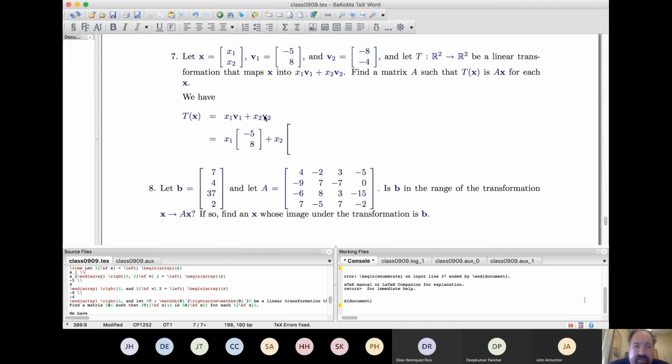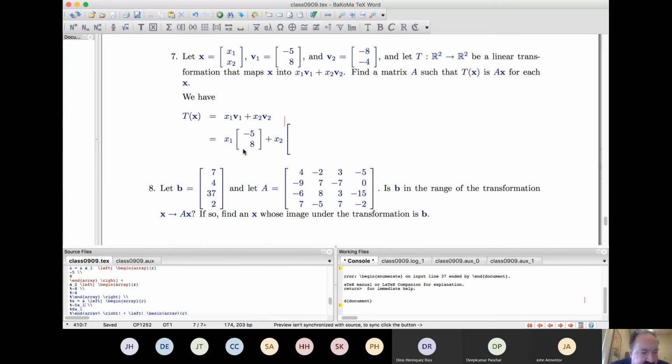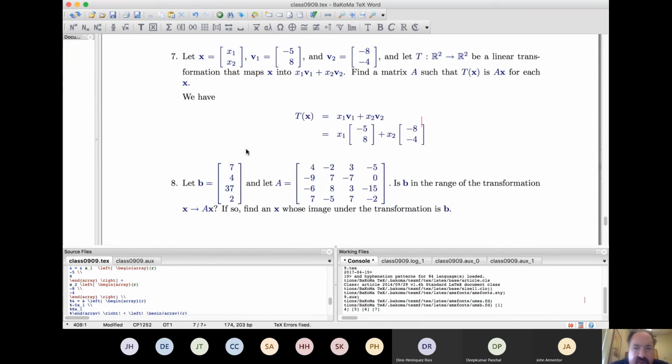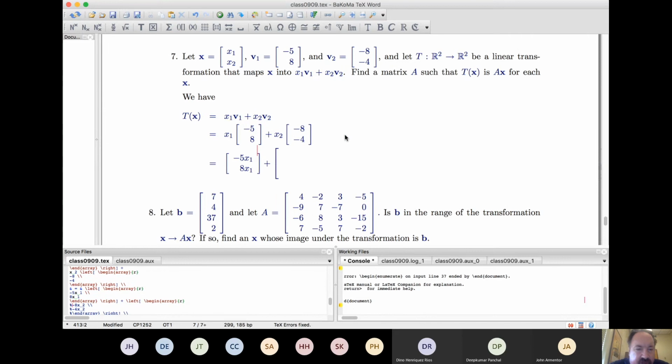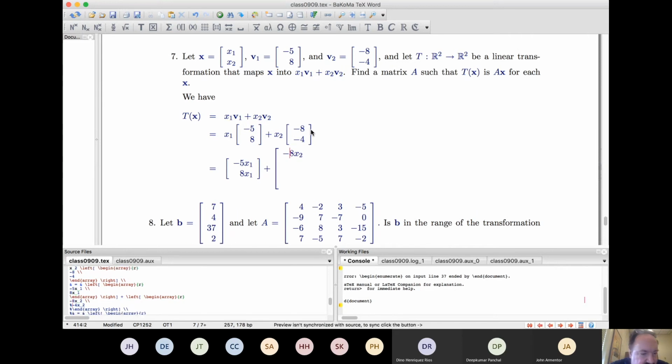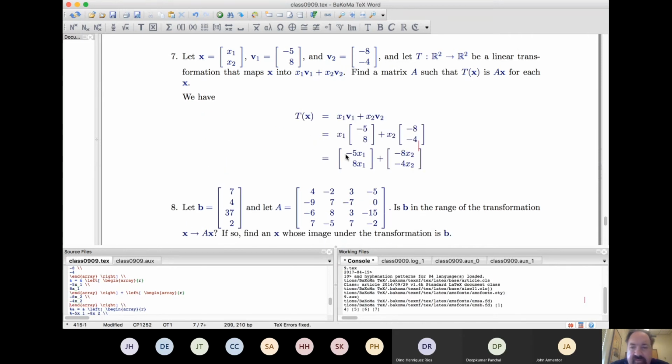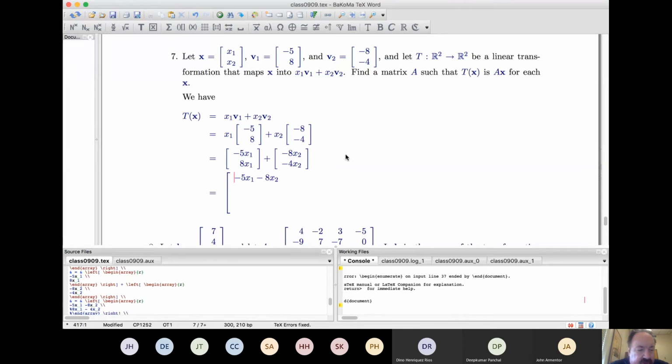So here I have this written out, so now I'll just fill in v1 and v2. So now I can go ahead and distribute x1 and x2 to these vectors and form one vector.